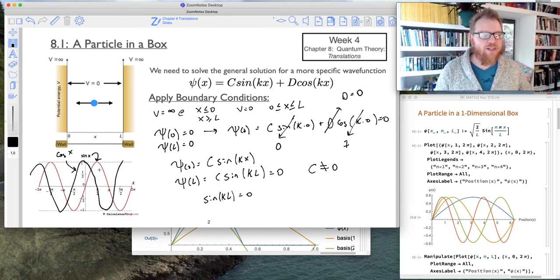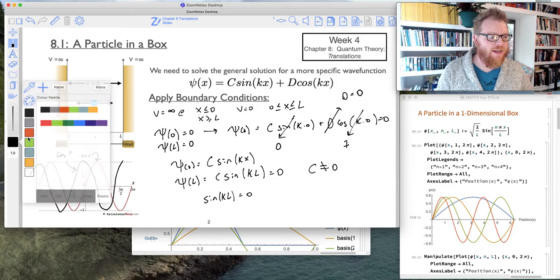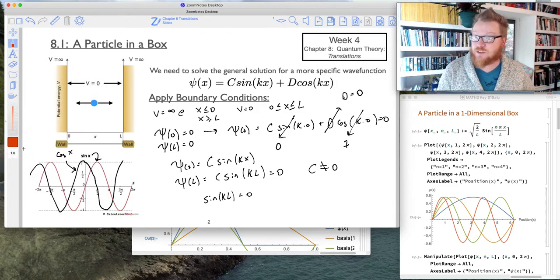Now if we go back and look at the sine graph here in the red for a second, we actually already have the solutions.